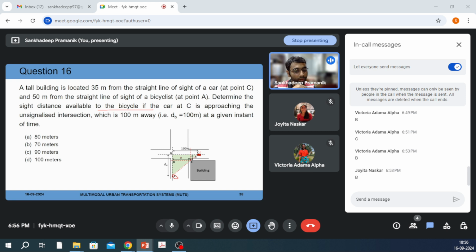So this A value is 50 and this B value is 35.